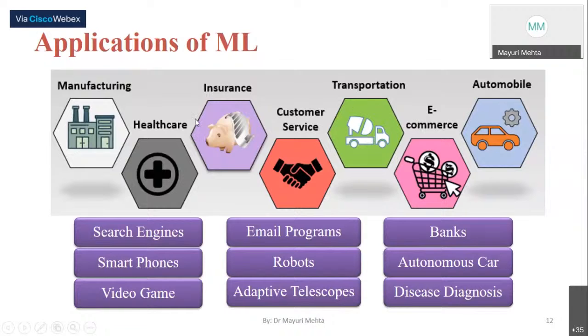We have seen examples for transportation, manufacturing, healthcare. It is also used in e-commerce, automobile, right? Self-driving car. In e-commerce also we have seen. So these are some of the real life sectors. Otherwise, it is also used in education, agriculture, right, etc. And these are some real life examples.